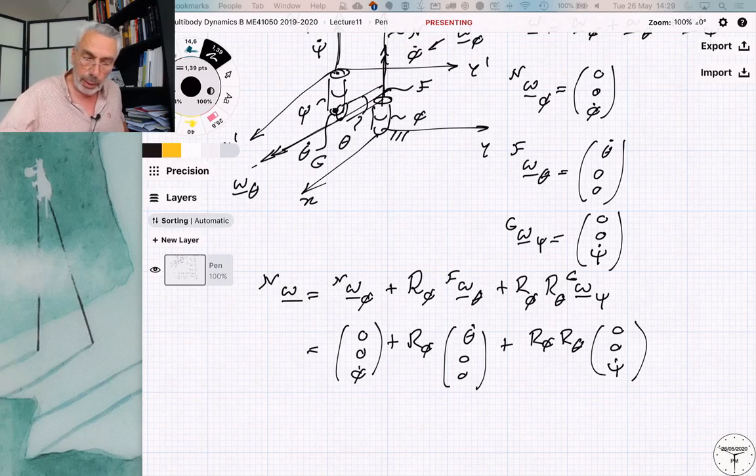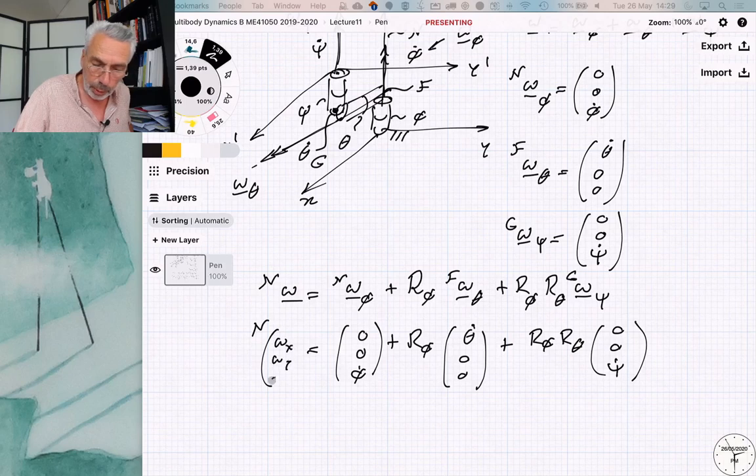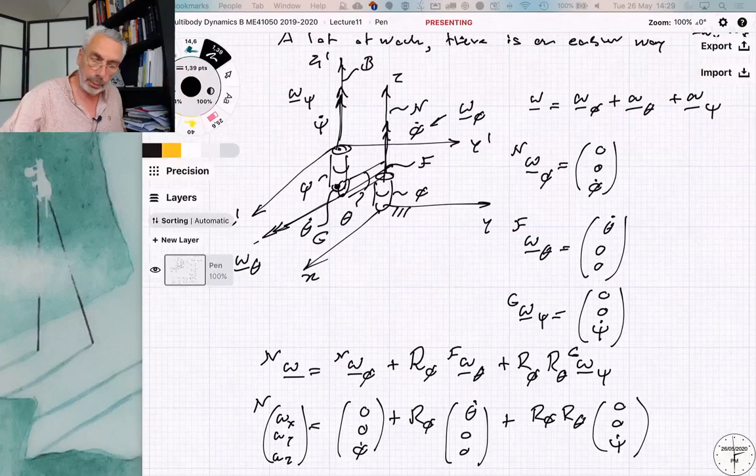Okay, then on the right hand side, let's write out components, omega x, omega y, omega z. So in an intuitive way, from the figure and the different rotations, we now found this expression.